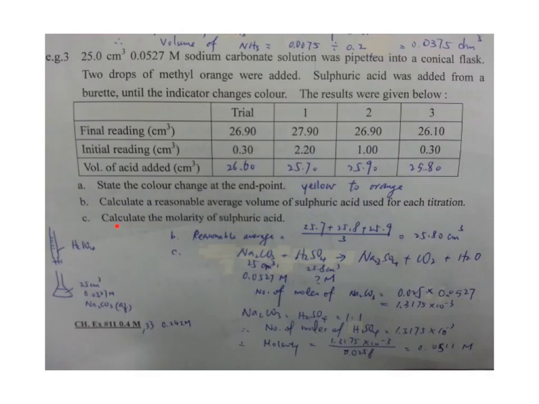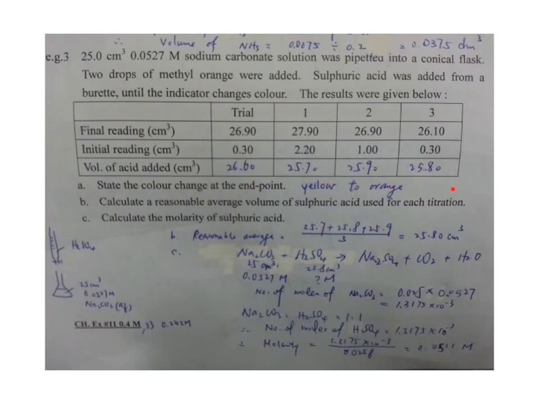So next, we need to calculate a reasonable average volume of sulfuric acid used for each titration. Reasonable means we will not take all data to calculate the average volume. Because for the trial, you can figure out that the trial data is obviously the outlier among the four data.